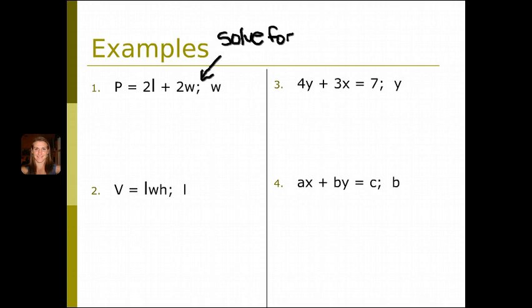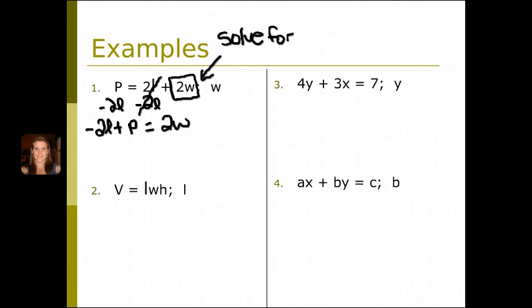So, what is preventing this term from being all by itself? Well, the 2L. So we need to subtract 2L from both sides, just as if it were a number. So, we have minus 2L plus P equals 2W.